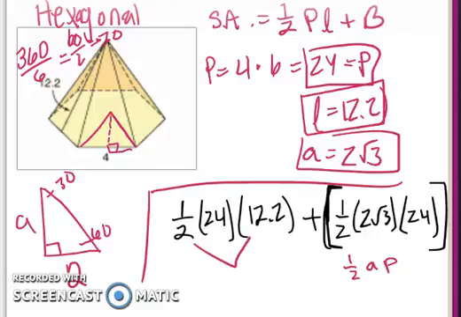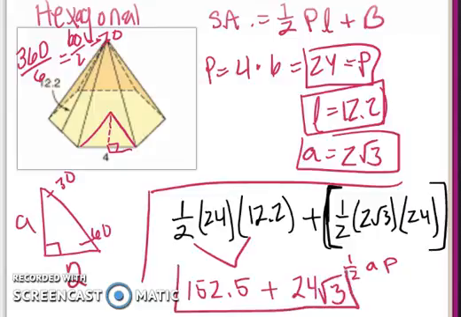We'll go ahead and evaluate all of that. 24 times 12.2 divided by 2. So we go ahead and we get 152. Whoops, wrote that wrong. 152.5 plus, over here, we're going to get 24 rad 3. If we leave this in radical form, I'm done right there.